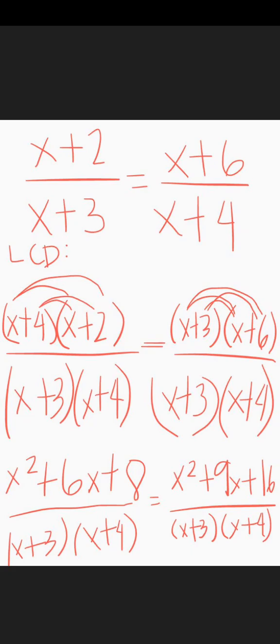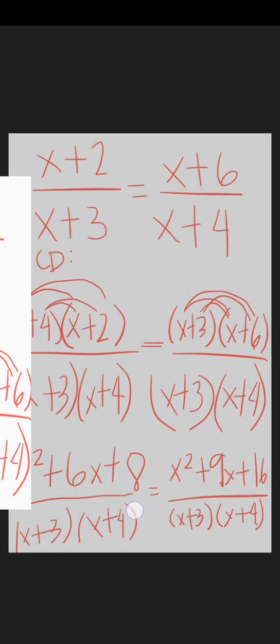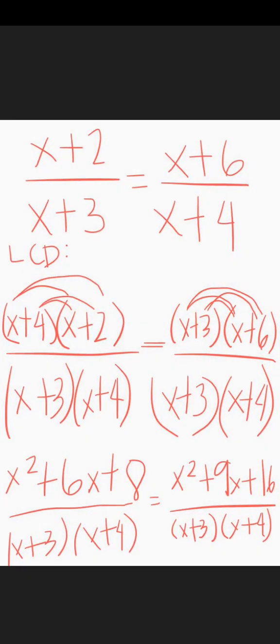We combine the 2x and 4x and it becomes 6x, and that comes up with (x squared plus 6x plus 8) over (x plus 3)(x plus 4).